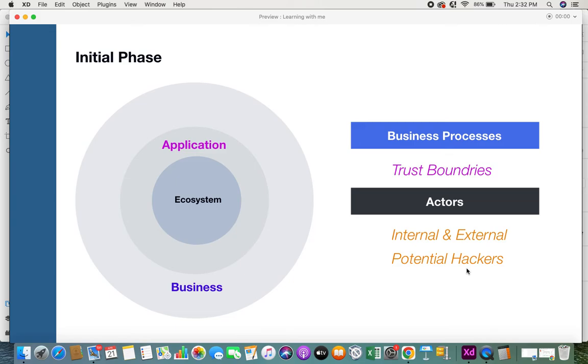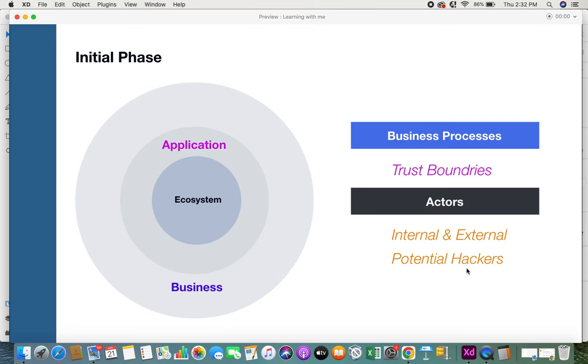So by doing these two, at a higher level, you'll be able to get some information as to what the different processes are, where there can be potential risks and vulnerabilities, and who could be the potential hackers to the system or the business.